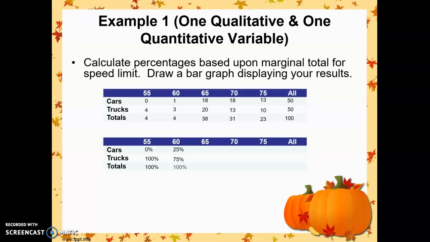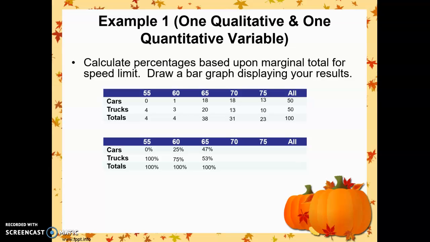So again, notice they add up to 100%. 65 miles per hour, there were 38 states, cars and trucks, that had a maximum speed limit of 65. 18 of the 38 were cars. 18 divided by 38 is about 47%. 20 divided by 38 were trucks, and that's about 53%. So again, notice they add up to 100%.